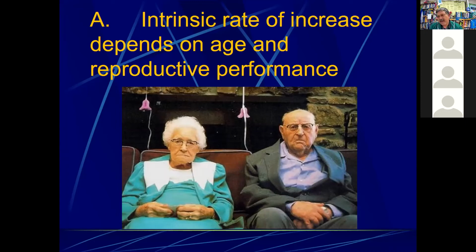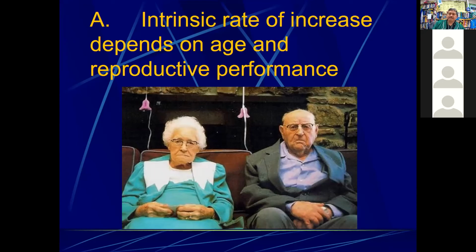Are these guys going to have a baby in this picture? Probably not. And if the population has a lower maximum reproductive age, then it'll have a lower expectation of a rise in population or population rate.